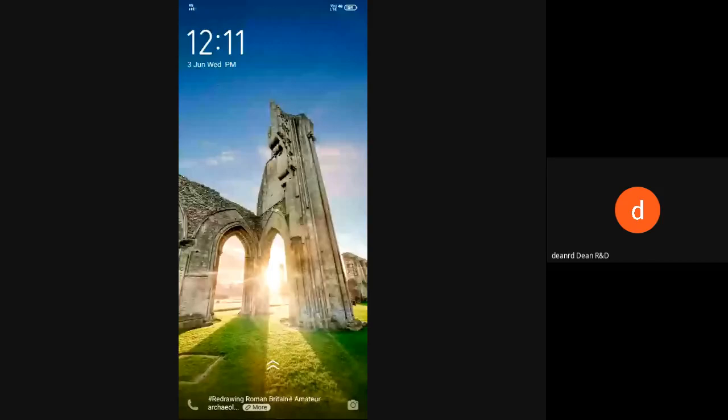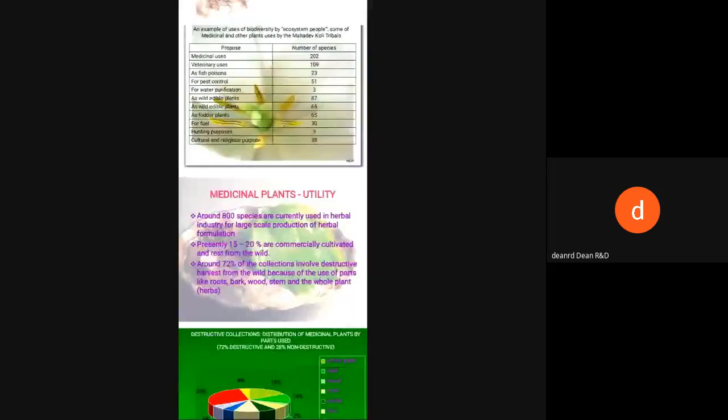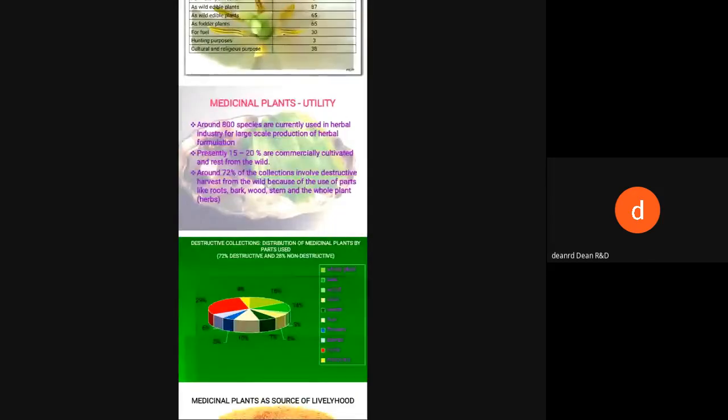When we talk about the utility of medicinal plants, around 800 species are currently used in the herbal industry for large scale production of herbal formulations, whereas presently 15 to 20% are commercially cultivated and the rest from the wild. Around 72% of the collections involve destructive harvest from the wild because the parts used are roots, bark, wood, stem, and the whole plant.